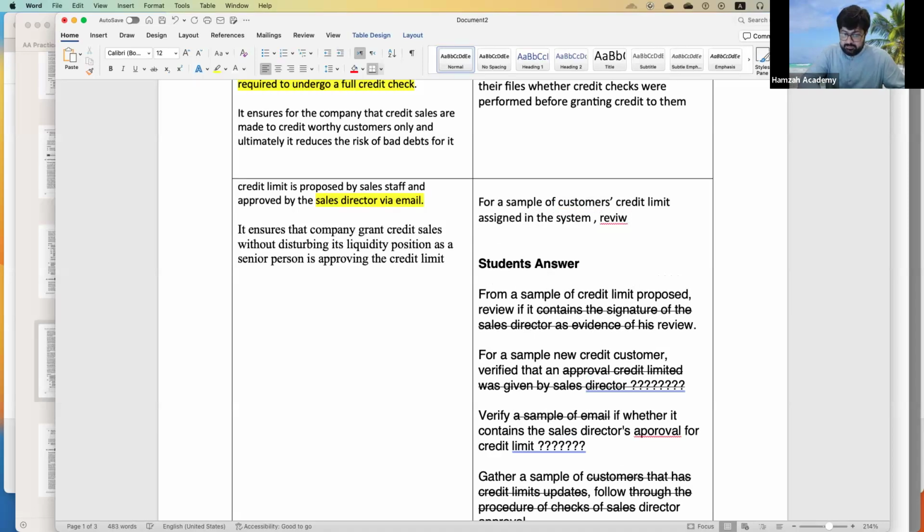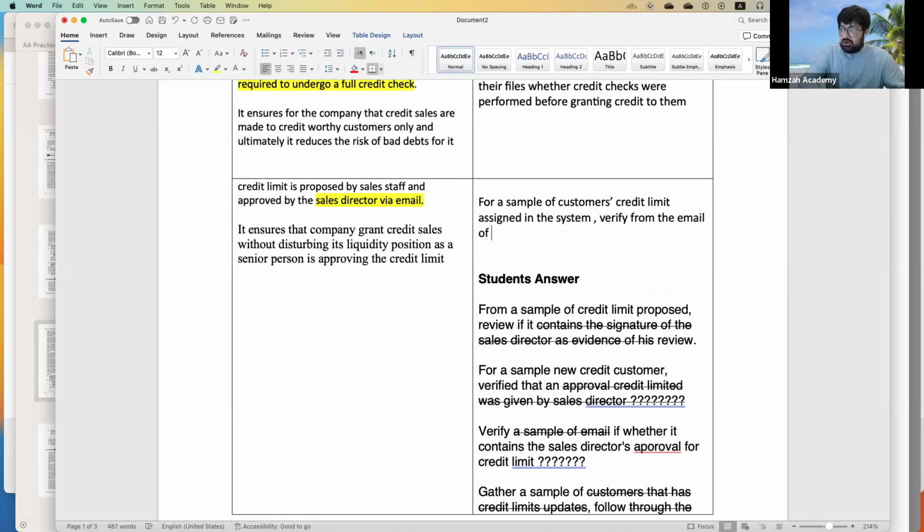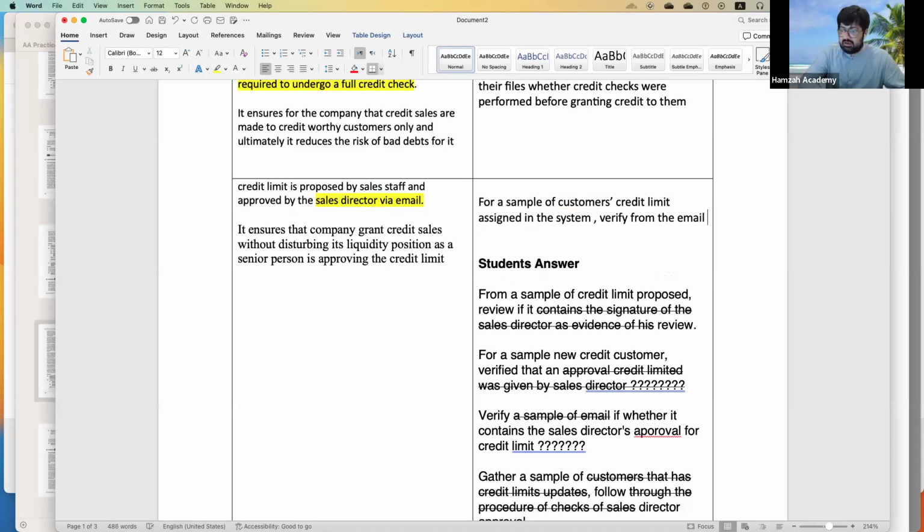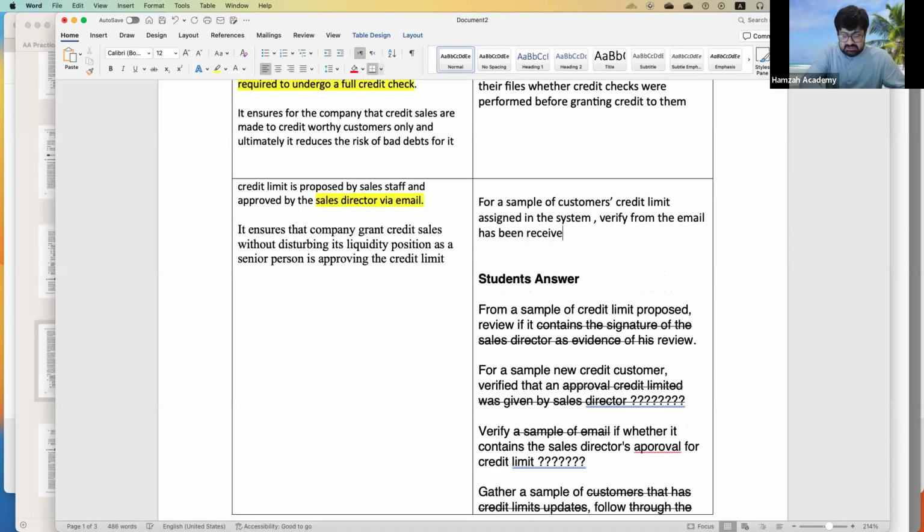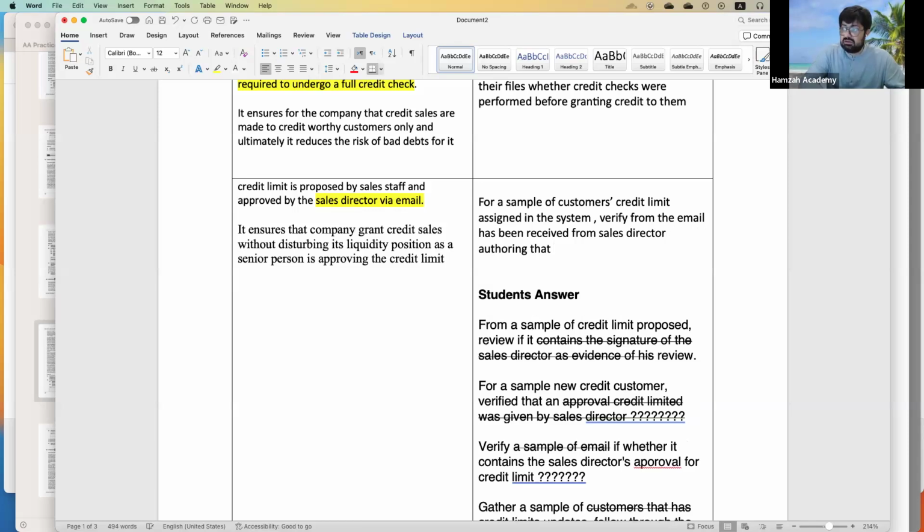Review or verify from the email has been received from sales director authorizing that limit. Yes. This is the point.